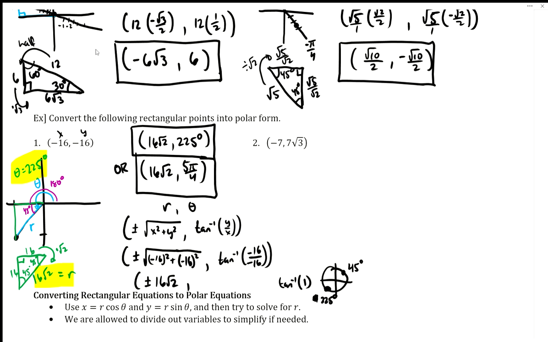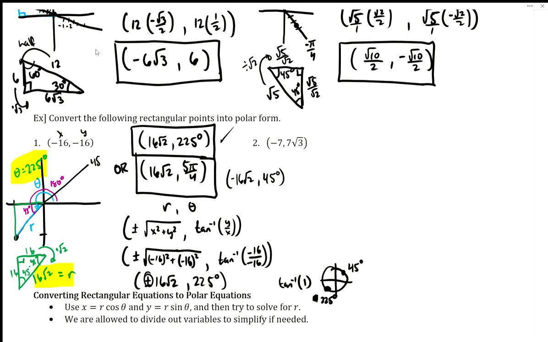So we would need to choose the correct one dependent on the plus or minus. So if I'm choosing the plus, then I would want to choose the 225 degrees to match the answer that we got first. If I chose the negative, so let's go ahead and just squeeze that in right here next to it. So if I chose the negative radius, then it looks like I could choose the positive 45 degrees. Because again, remember on our sketch, let's just plot it right now.